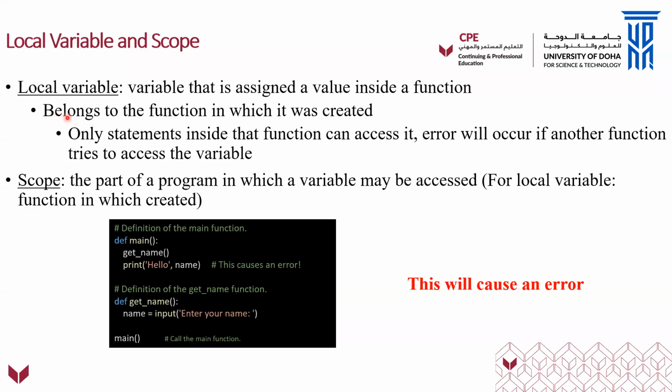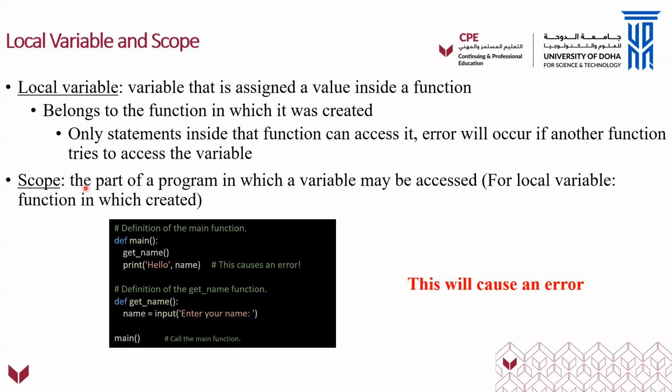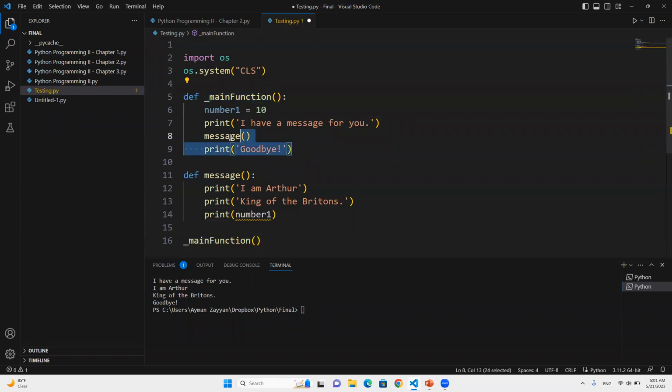And this is the explanation of "belongs to the function in which it was created." Number 1 belongs to the function where it was created, so number 1 belongs to the main function. Scope is the part of the program in which a variable may be accessed, like here. So this part of the program is the scope of the variable number 1.